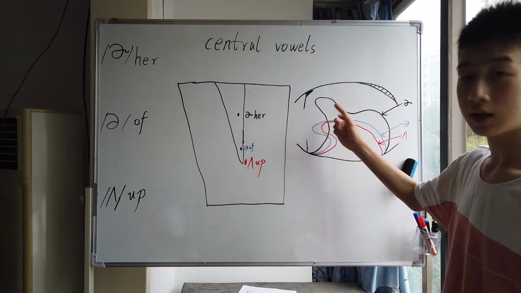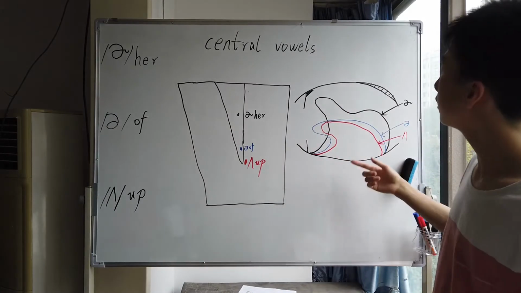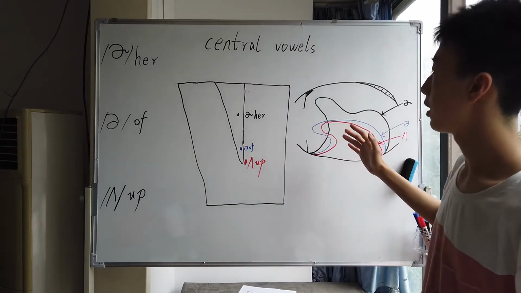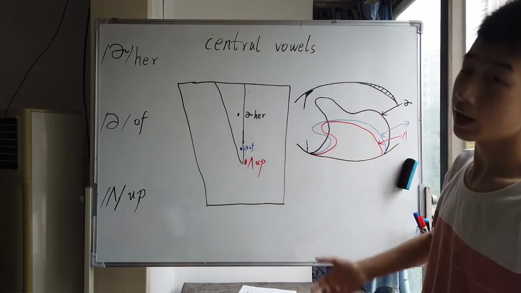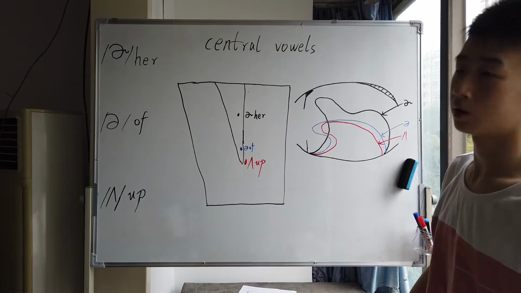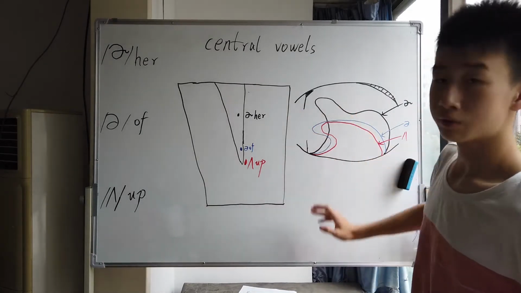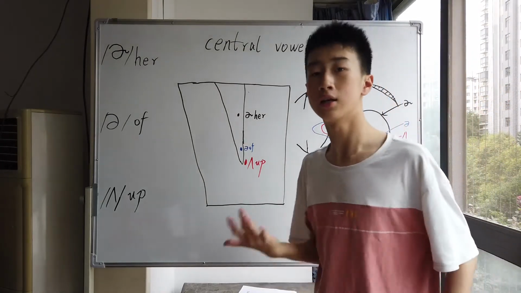But you can see here that it is a combination of the schwa and the r. So here our tongue is bent a little bit, and that's sort of how we say the r sound. But this is the highest of these three central vowel positions, and it should be noted.